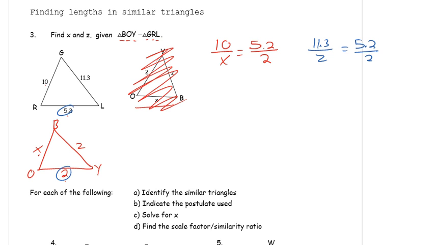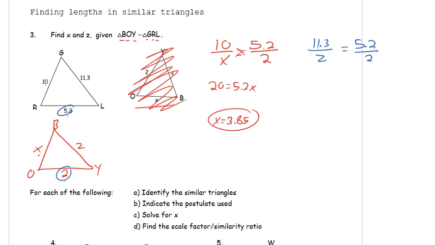So we have, let's see, 20 equals 5.2x. So I'm going to take 20 and divide by that. I cannot do that in my head. So 20 divided by 5.2. That's going to be a nasty number. 3.85 we'll call it. So x equals 3.85.